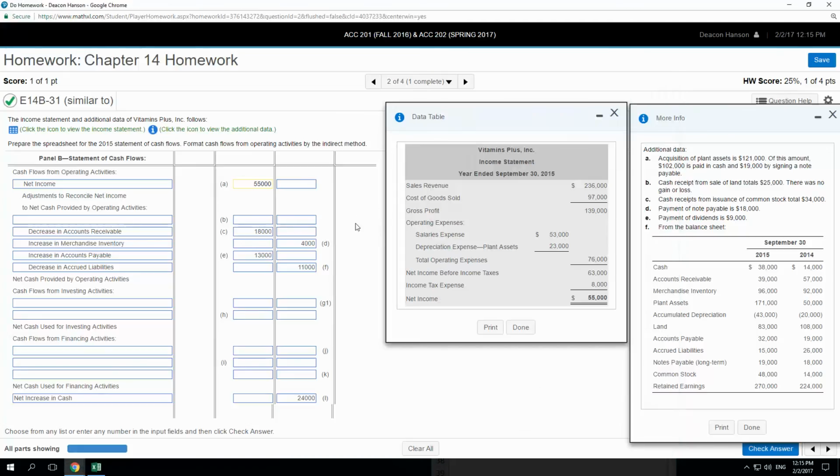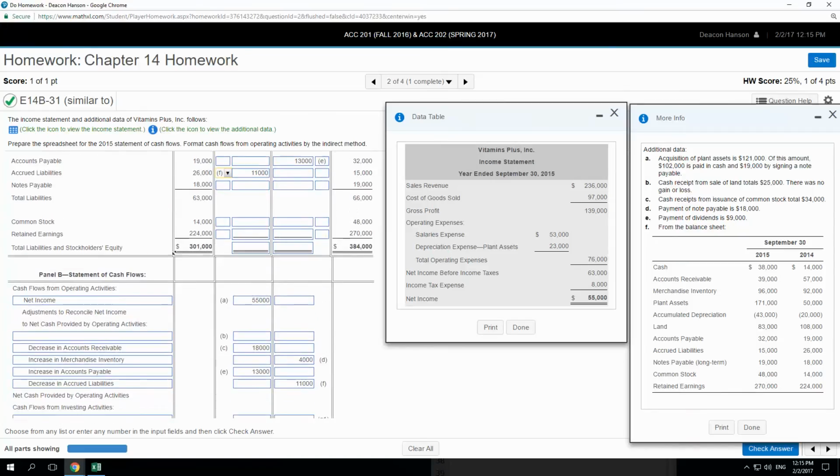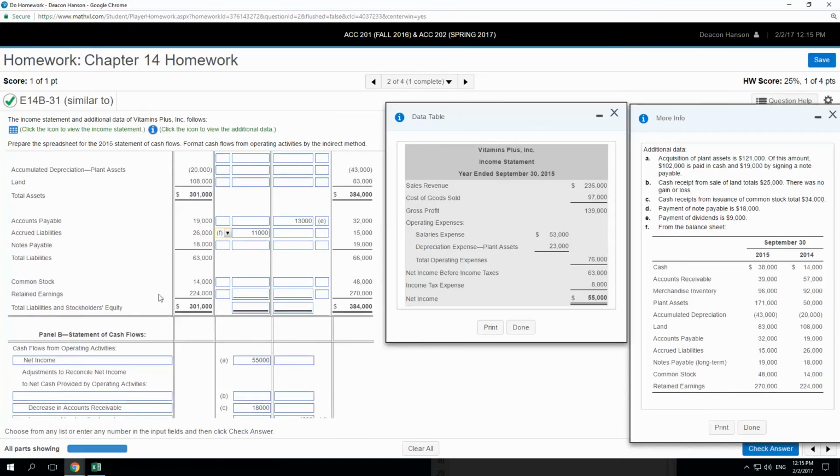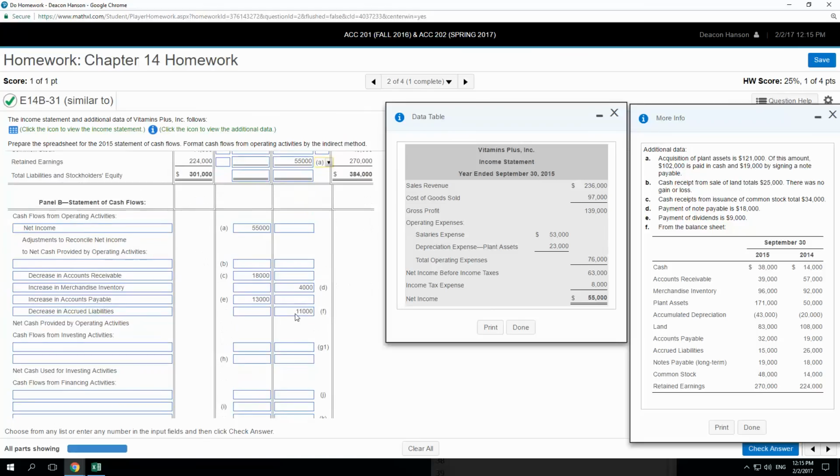As far as my change in retained earnings on this balance sheet up here, that net income should have an increasing effect. So I'm going to put the 55,000 on the credit side as part of this change in retained earnings, and then I'll cross-reference that letter A. That should take care of the operating section.